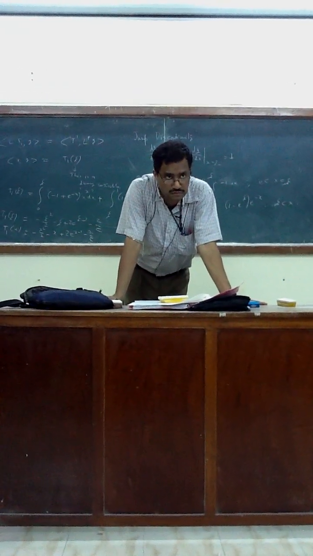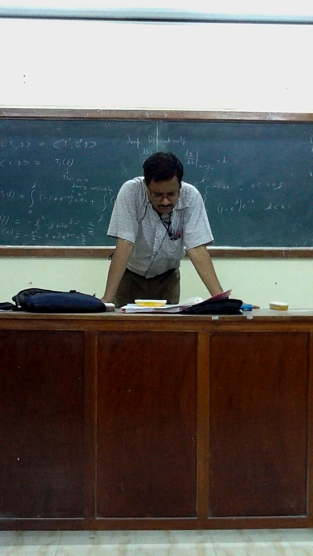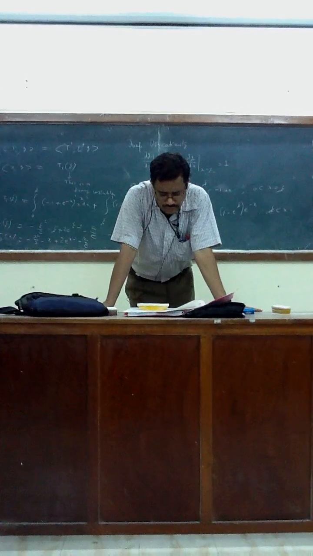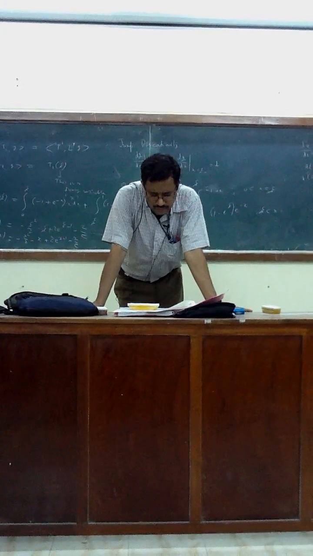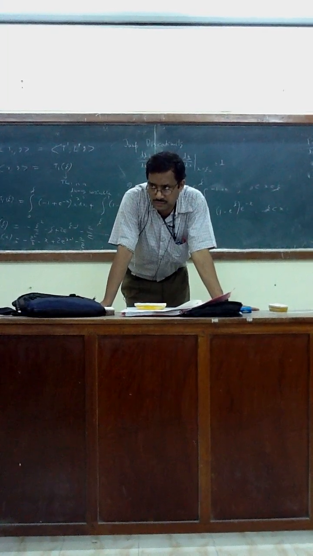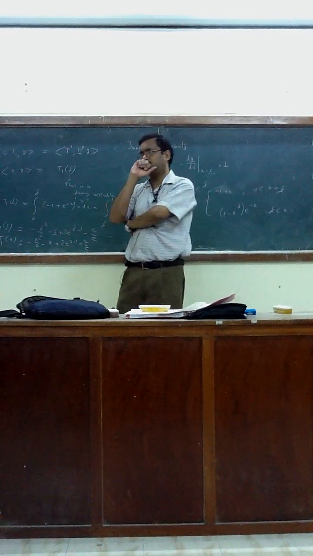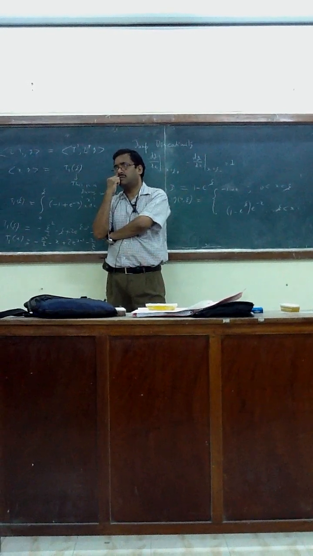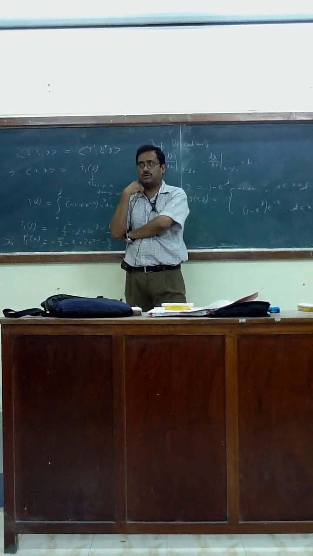Yes, what is that? What are the boundary conditions? G of 0 equal to 0 then? G prime at 1 plus alpha G at 1, x equals 1, equal to 0.